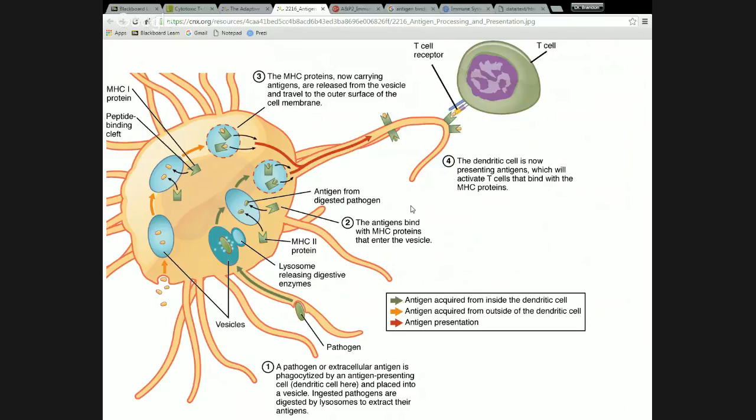And then they're going to interact with a T cell, and the CD protein on the T cell will recognize the MHC. So whichever one the dendritic cell is presenting will match up with the correct T cell, because CD4 will recognize class 2 MHC and CD8 will recognize class 1 MHC.